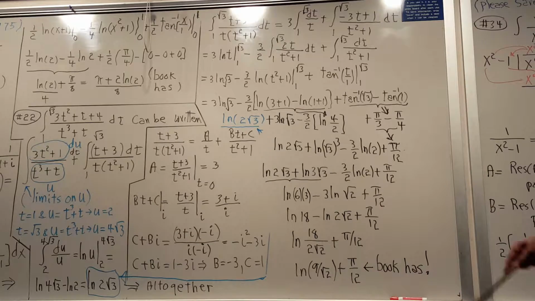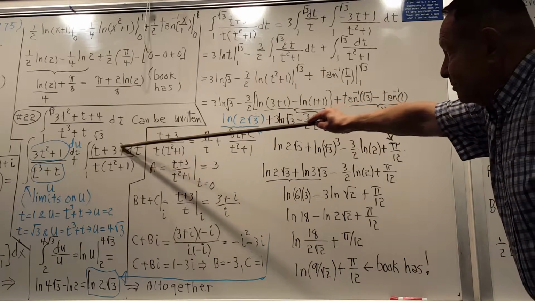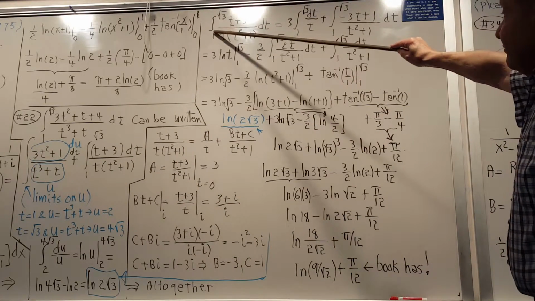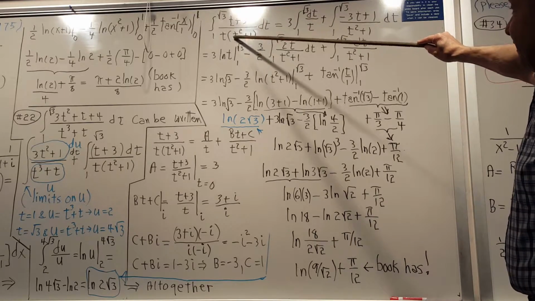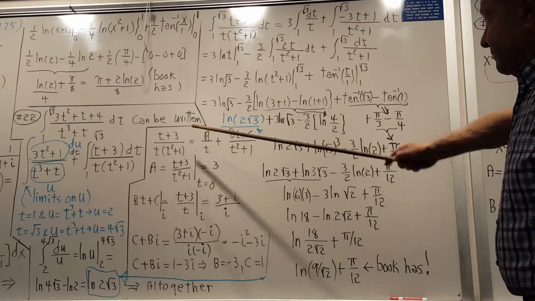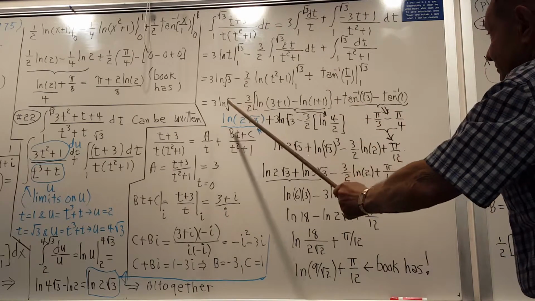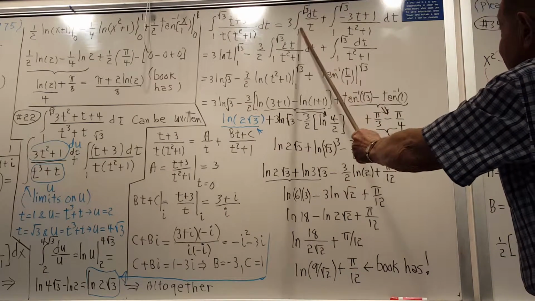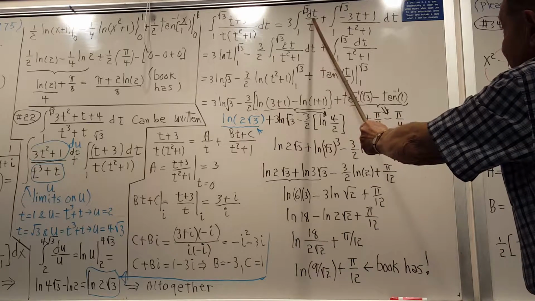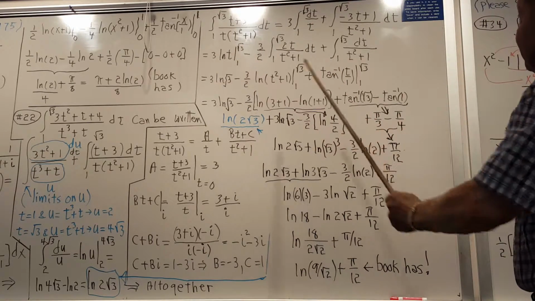So that means that this part of the problem with the limits 1 to root 3 would be the a, which is 3, dt over t from 1 to root 3. Okay, that's going to be logarithm.